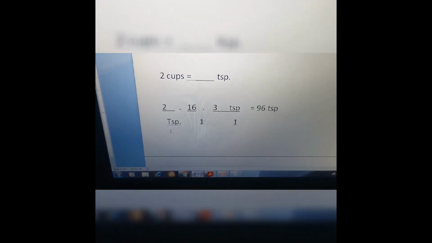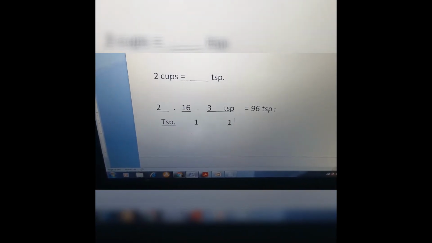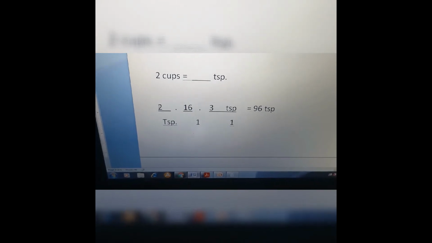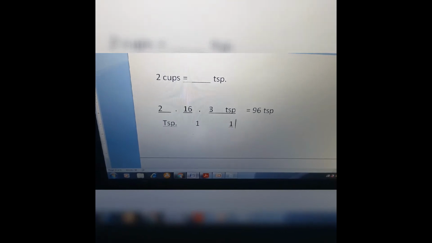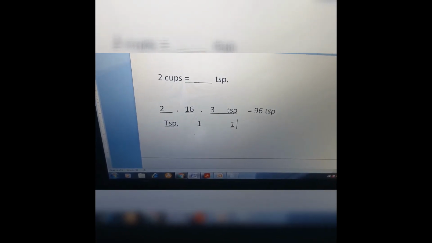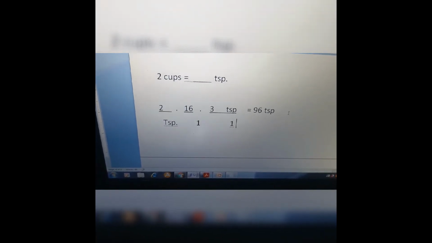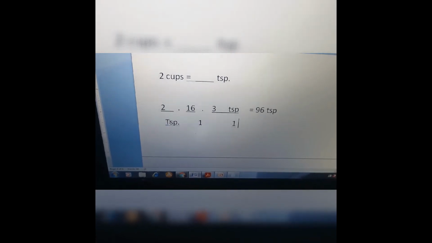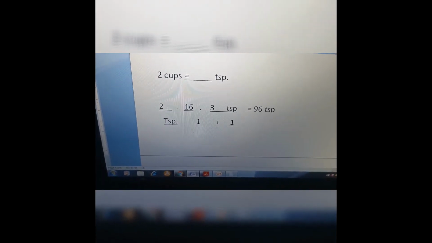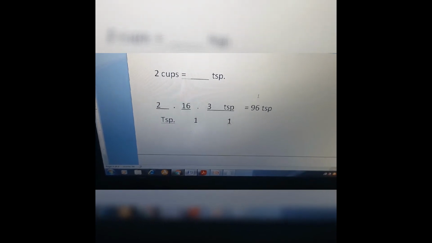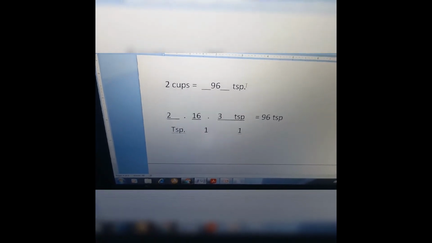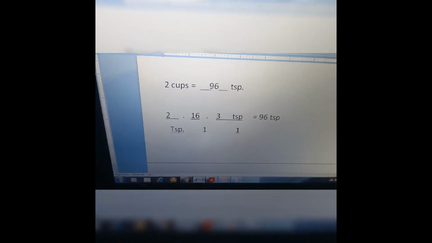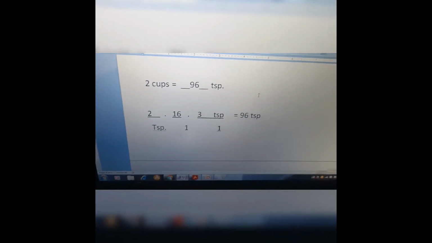So now what remains is the teaspoon, since this is what we're looking for. So 2 times 16 times 3 equals 96 teaspoons. Since 1 times 1 is 1 and 1 times 1 is 1, the answer is 96 teaspoons. 2 cups is equivalent to 96 teaspoons.